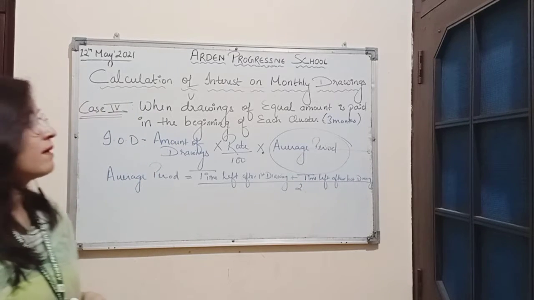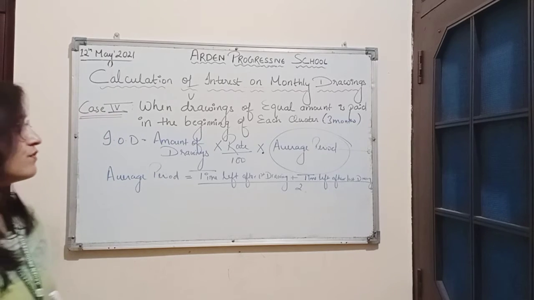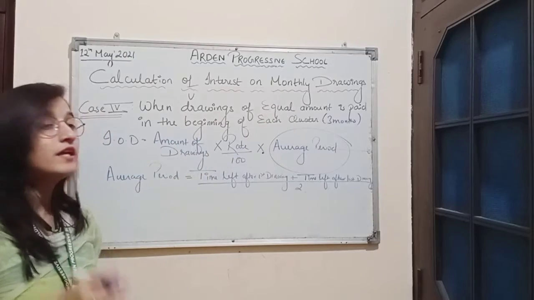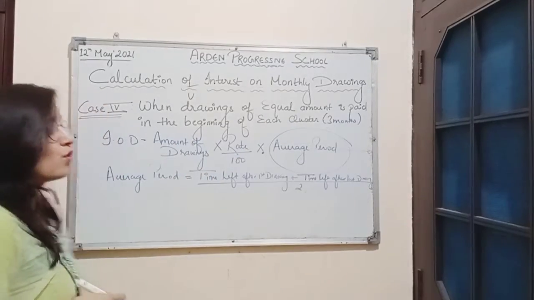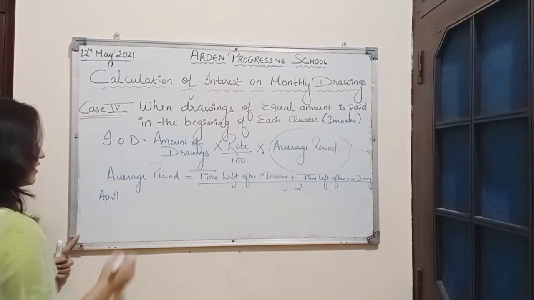So if we talk about the quarter here, as we know, the partner is withdrawing equal amount of drawing in the beginning of each quarter. So the quarter will be starting from April, as the year starts from April.